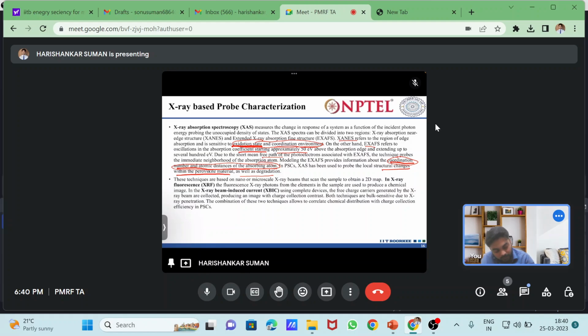In X-ray fluorescence, photons from the elements in the sample are used to produce a chemical map. The beam-induced signals are collected producing an image which shows charge collection contrast. Both techniques are bulk sensitive. This is used for bulk due to X-ray penetration. The combination of these two techniques allows us to correlate chemical distribution with charge collection efficiency in perovskite.